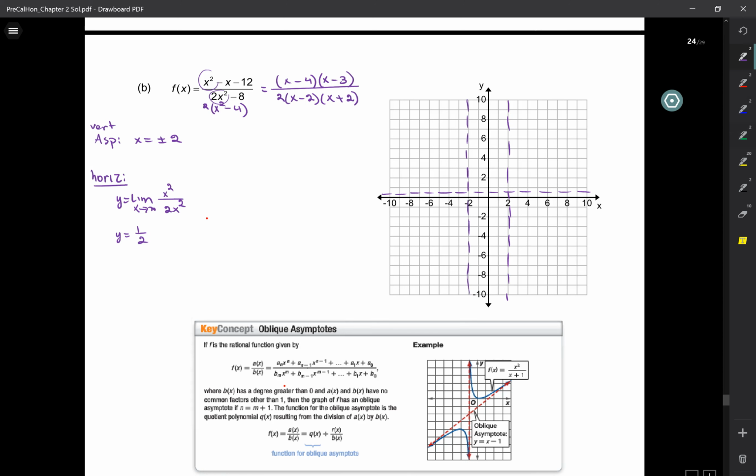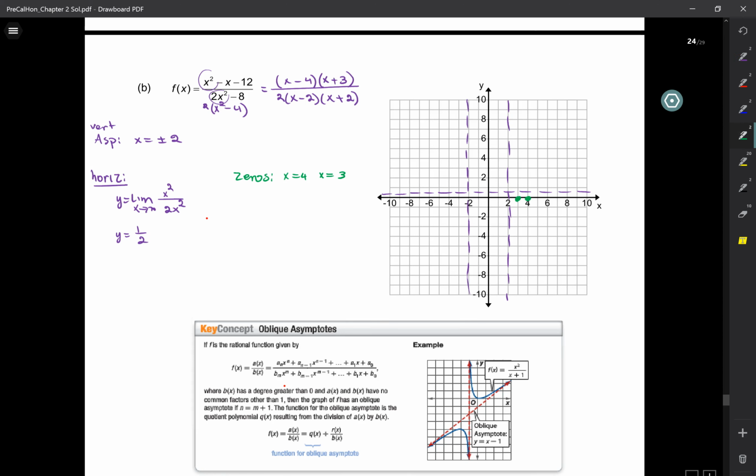Now, where are the zeros? Well, I have a 0 at x equals 4, x equals 3. Oh no, I'm sorry. This is positive 3.